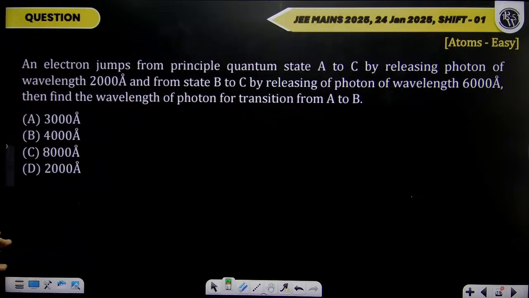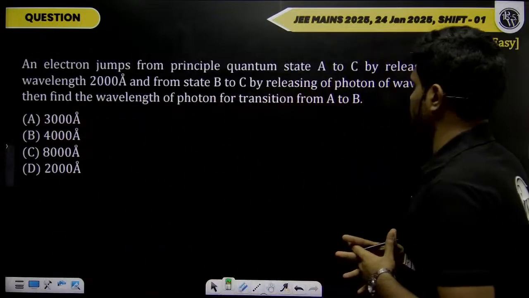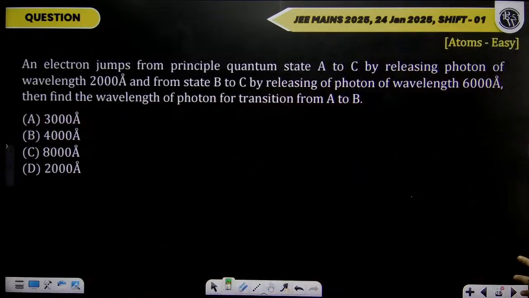An electron is jumping from principal quantum state A to C by releasing a photon of 2000. Again from B to C, it is releasing a photon of 6000. They are asking what is the wavelength of the photon for the A to B transition.